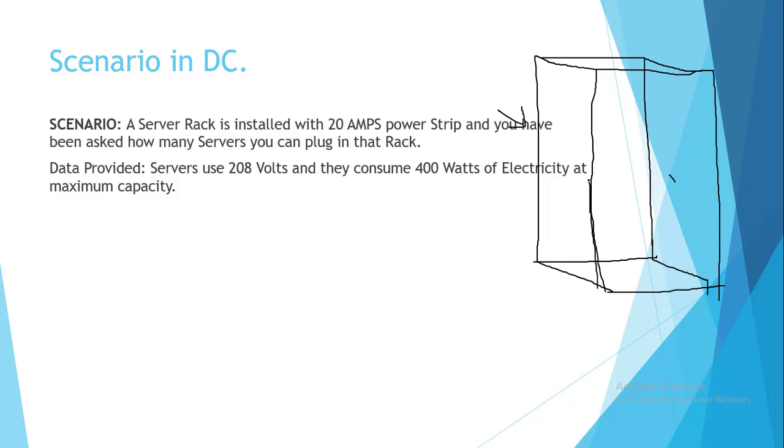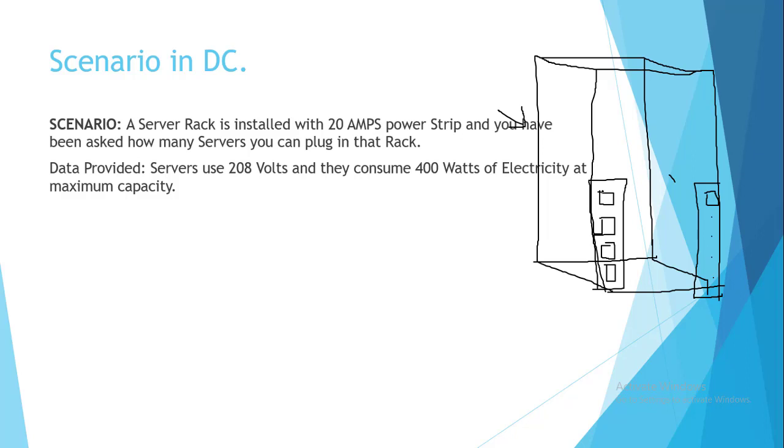Now behind the rack there are some PDUs which are connected, rack PDUs, and they have these sockets. Multiple sockets are there. It can be 16 pin, it can be 8 pin, whatever.